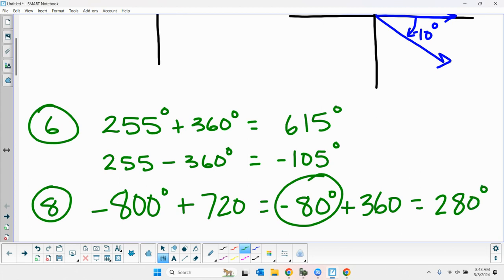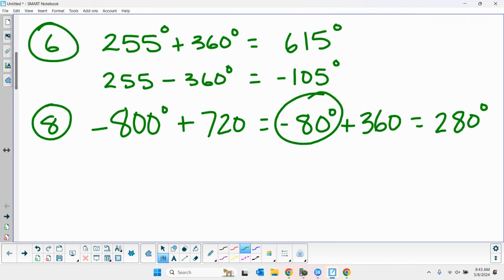So you might have had negative 440 and 280. That's okay too. Again, there's multiple answers. I think they both probably have that. Let me see. What number was that? Oh, they did have negative 80 and 280. I was thinking like the book, but you're not wrong if you had negative 440. All right, we good on coterminal.